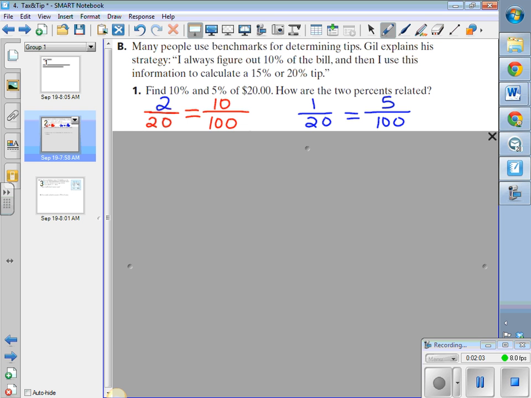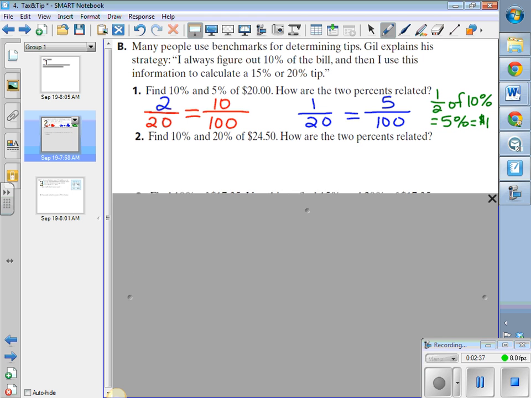But we can use the benchmarks that we mentioned above: half of 10% is 5%, right? Therefore, it's going to be $1.